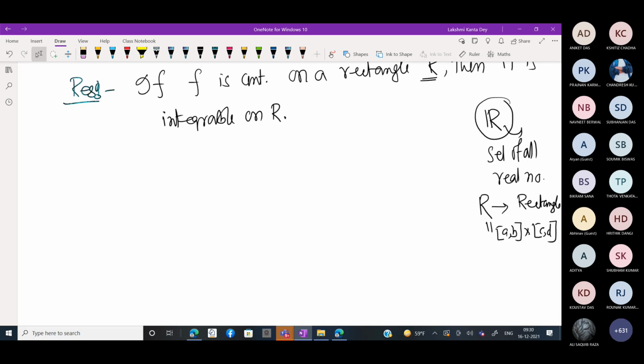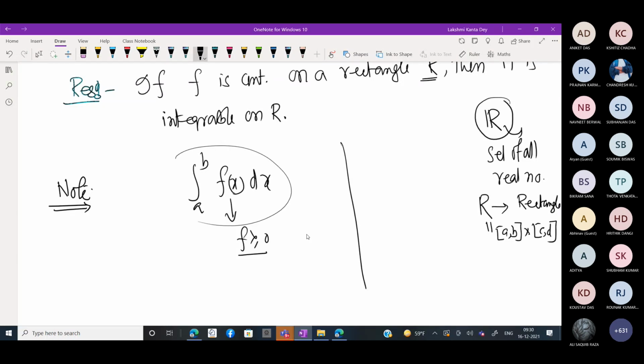Another technique, I would like to give you one note. In the case of single integration a to b f x dx, initially we assume that the function is non-negative. Then we define it by means of this thing.